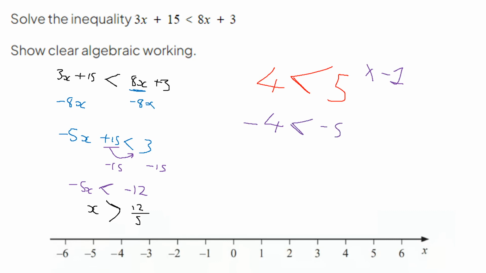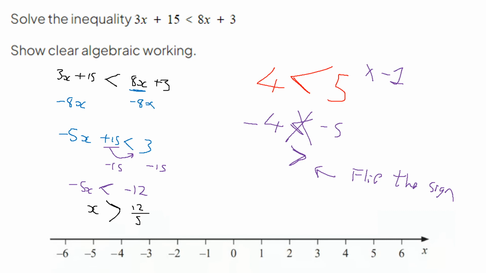Is this true? No. We have to flip the sign. Make sense? I hope that made sense. So we're left with x is greater than 12 over 5.